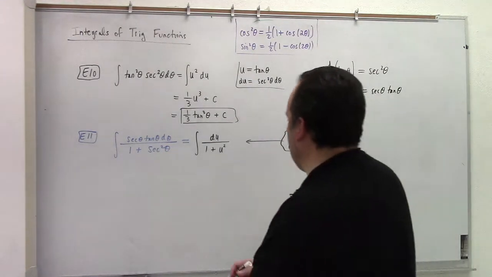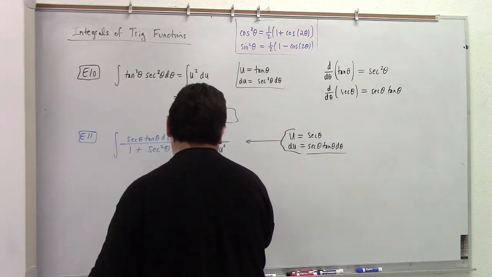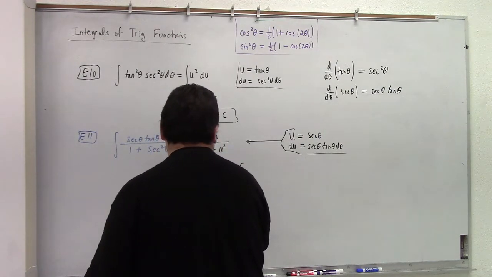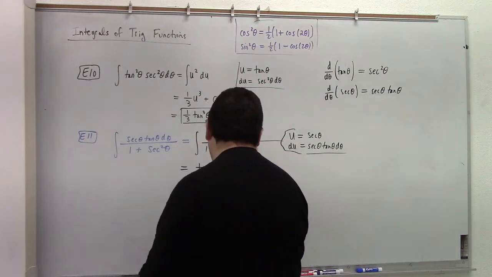Inverse tangent of u. Very good. Plus a constant, of course, and that gives us inverse tangent of secant theta plus a constant.